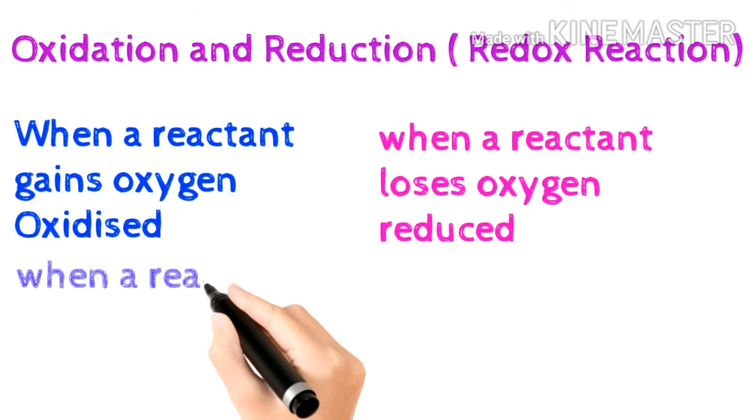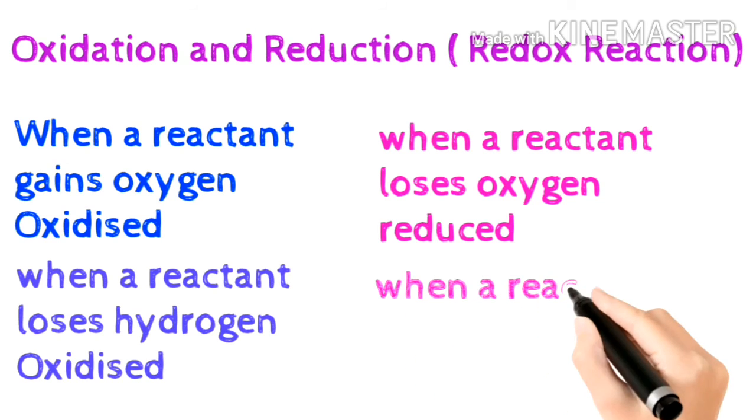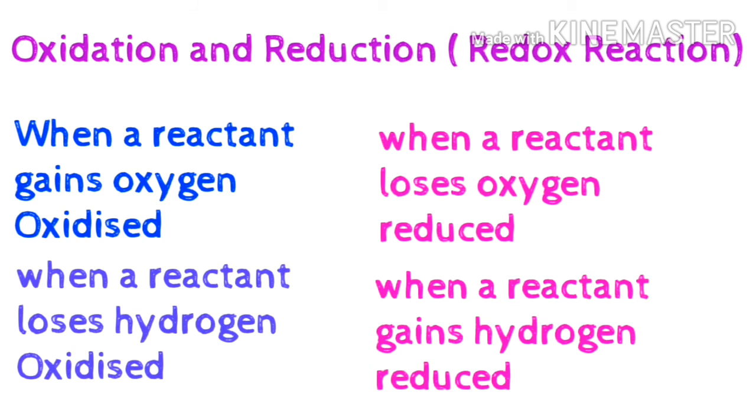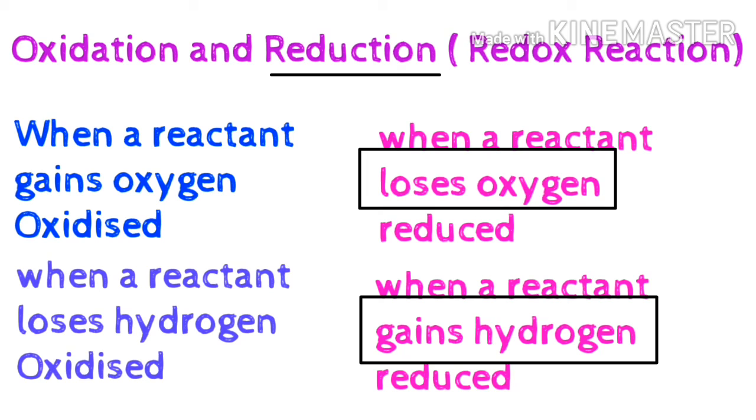Or we can say when a reactant loses hydrogen, it gets oxidized, and when a reactant gains hydrogen, it gets reduced. That is, gaining oxygen and losing hydrogen is known as oxidation, and losing oxygen and gaining hydrogen is known as reduction.